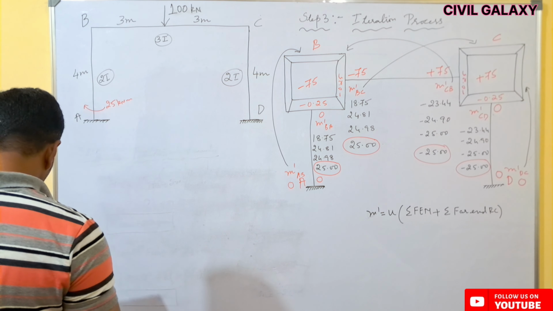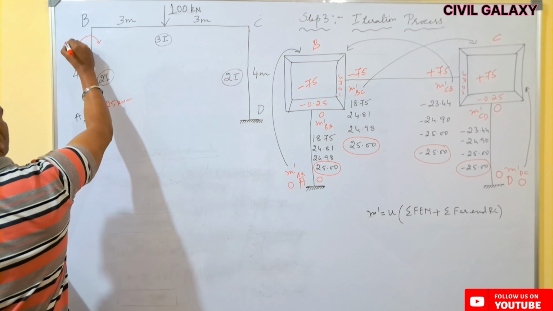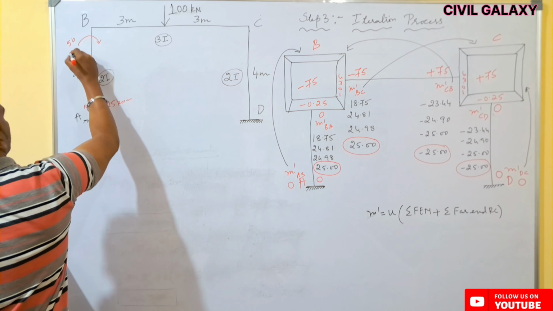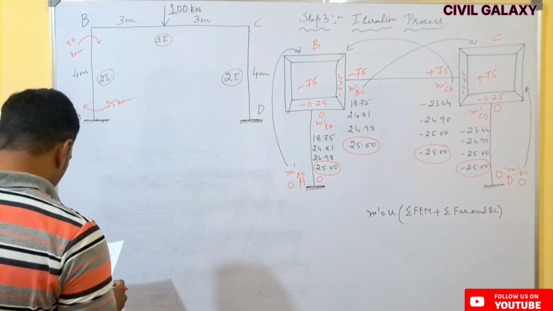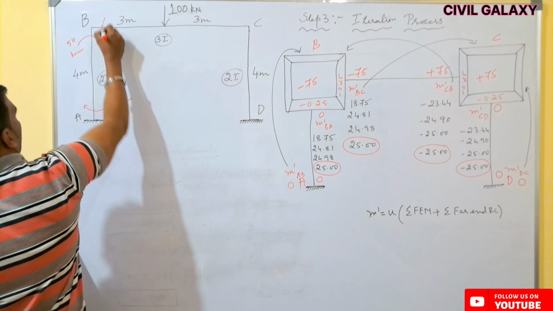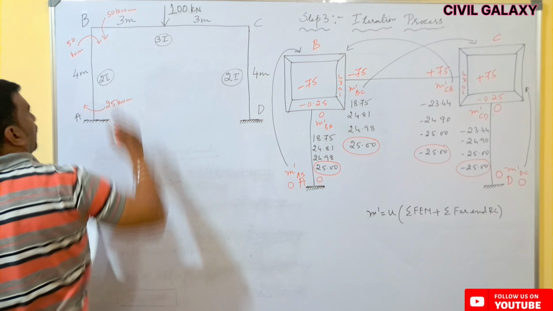From B to A we have a positive clockwise moment of 50 kilonewton meters, and from B to C we have anti-clockwise 50 kilonewton meters.